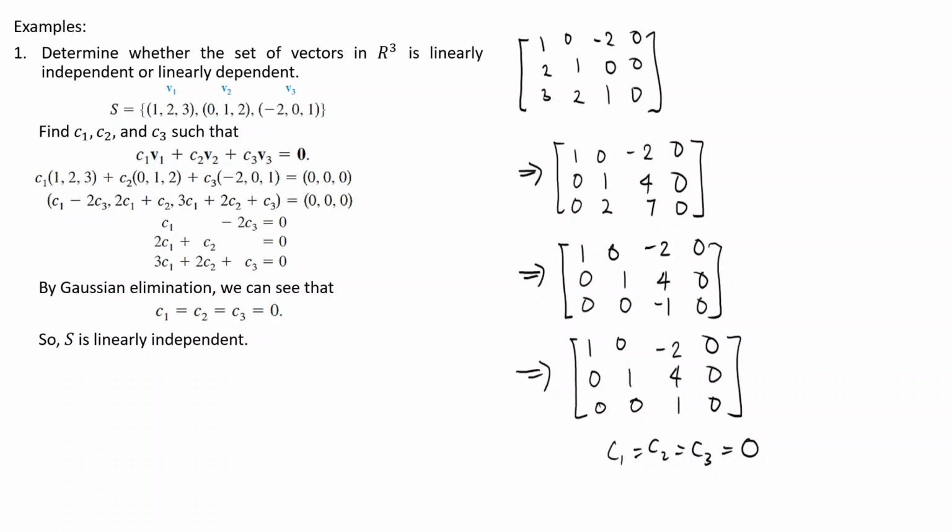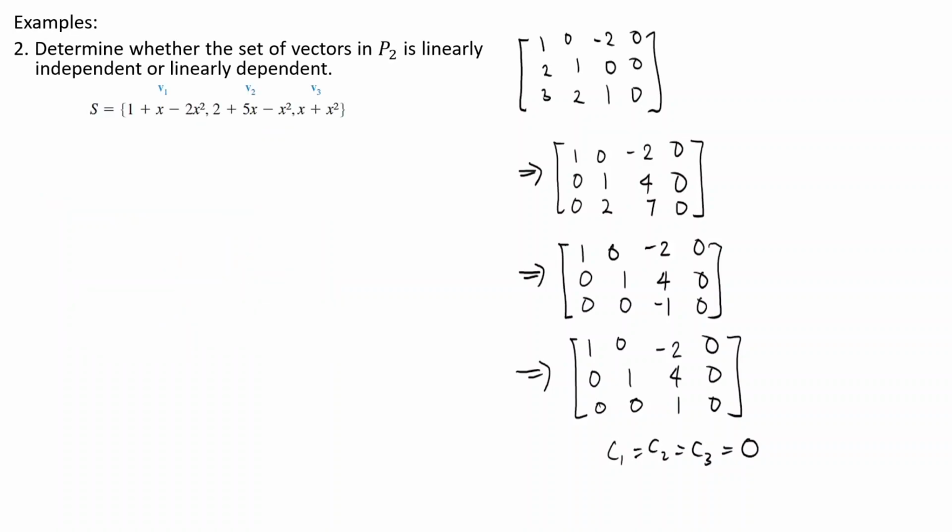For our next example, determine whether the set of vectors in P sub 2, the set of polynomials of degree 2 or less, is linearly independent or linearly dependent. So we have the set S here. Again, we want to find these scalars c sub 1, c sub 2, and c sub 3, and know whether we have only the trivial or non-trivial solutions.